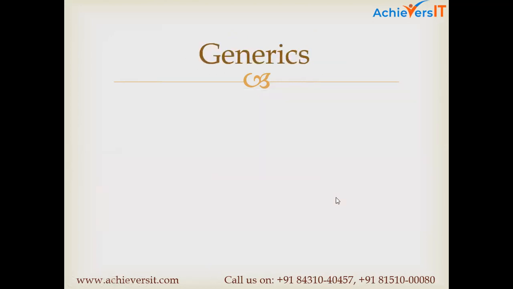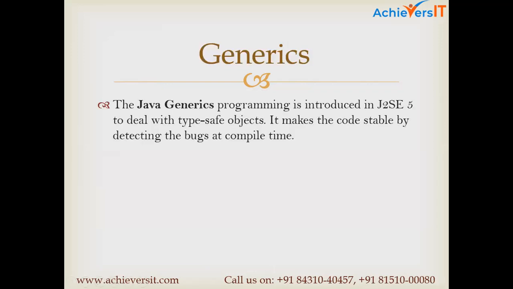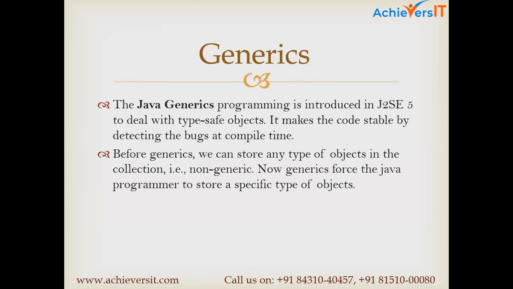Okay, let's see how generics work. This is the topic I was mentioning initially. It is about type safe objects, and I'll show you how type safety is maintained. Java generics programming was introduced in version 5 to deal with type safe objects, to make the code stable, and to detect bugs easily at compile time.